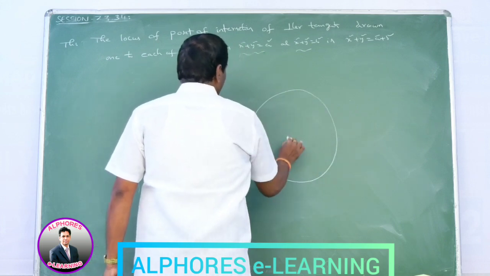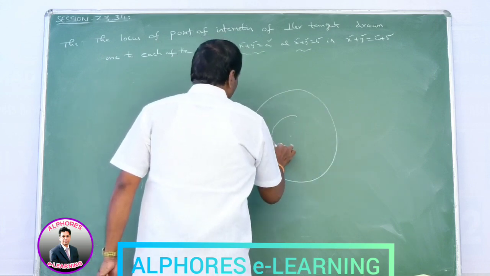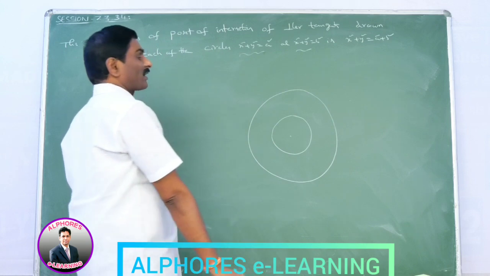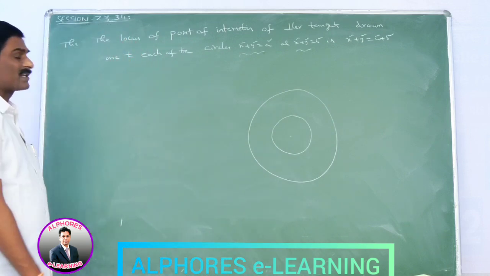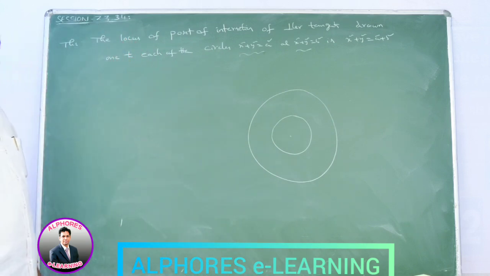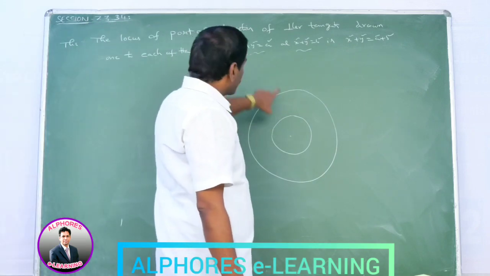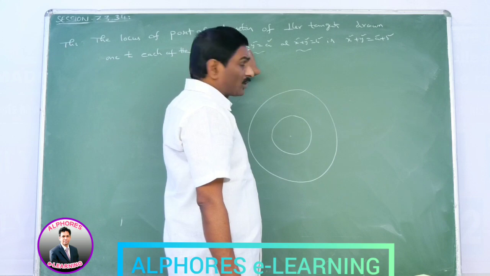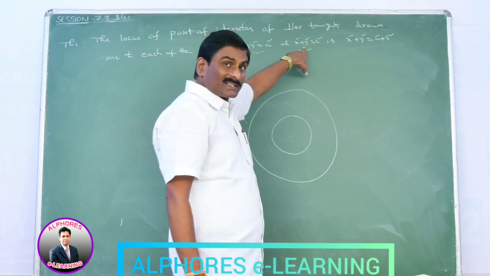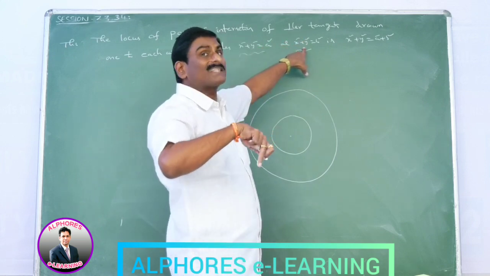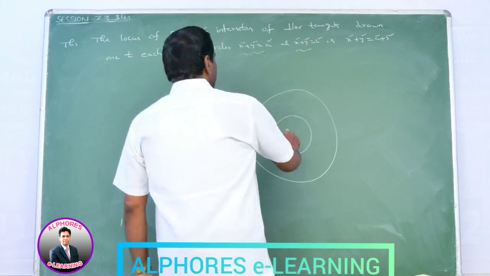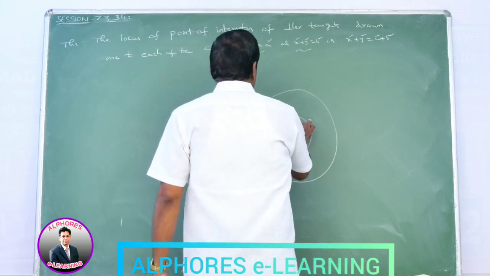In both cases, the center of the circle is 0, 0. The first circle's center is 0, 0, and the second circle's center is also 0, 0. These two are concentric. One tangent is drawn to this circle, and another tangent is drawn to that circle, such that the angle between the tangents is 90 degrees. Suppose C is the center of the circle, C meaning 0, 0.